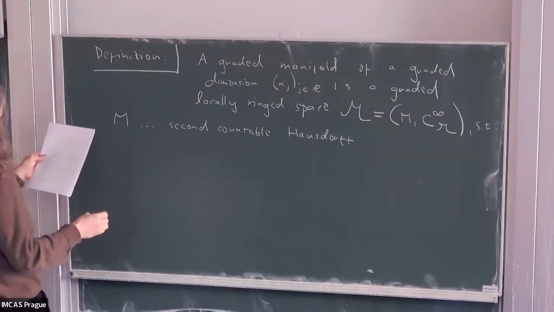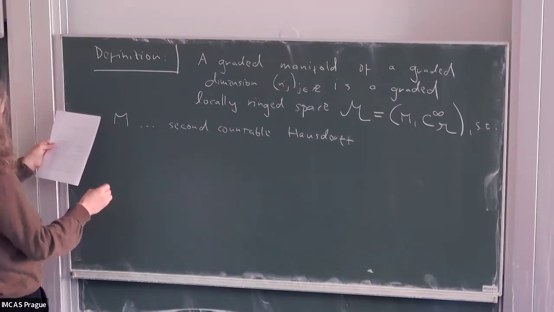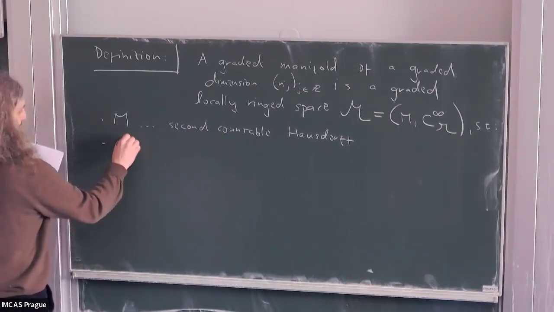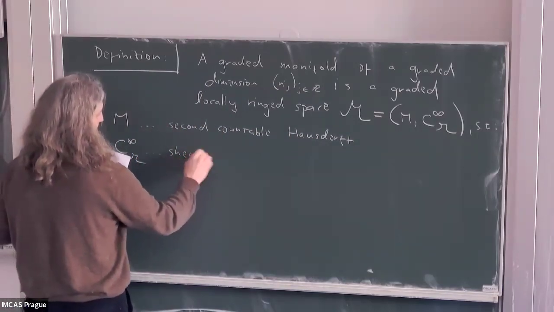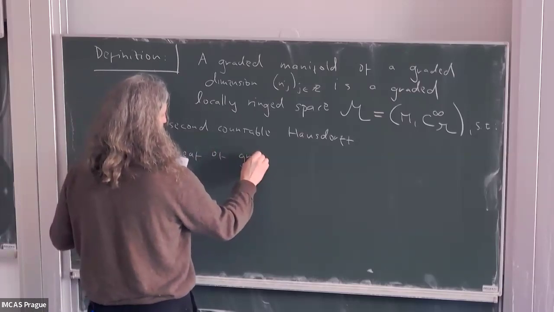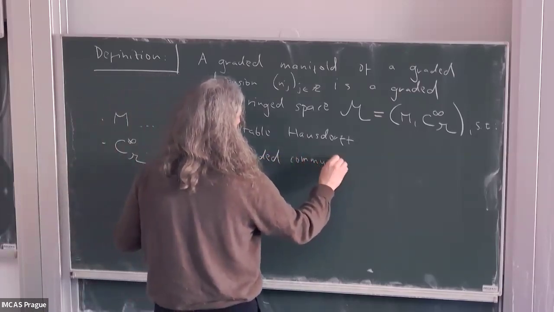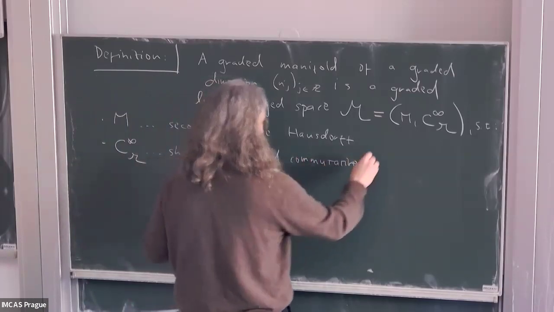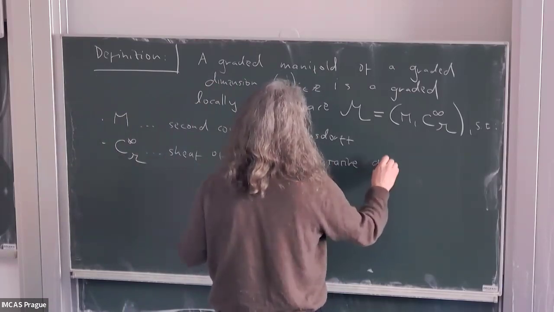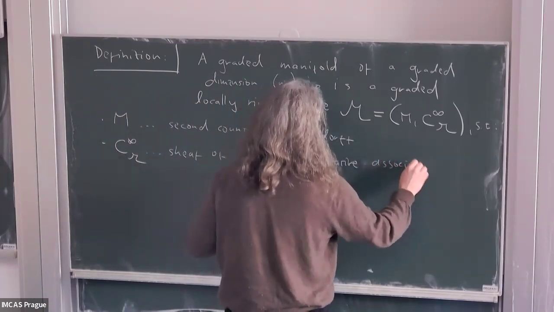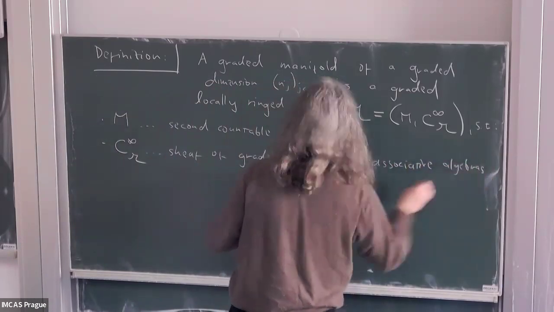So this is the first part of the definition, and this C infinity curly M is a sheaf of graded commutative associative algebras on M.